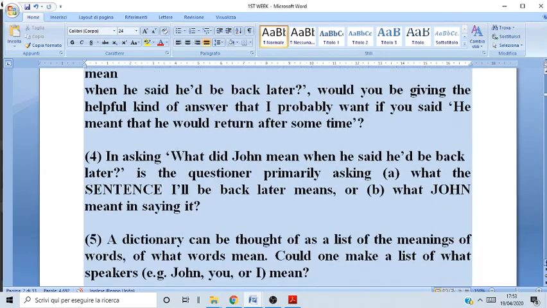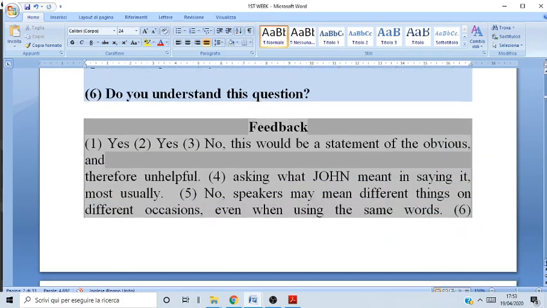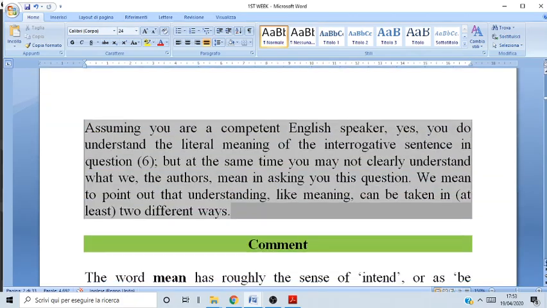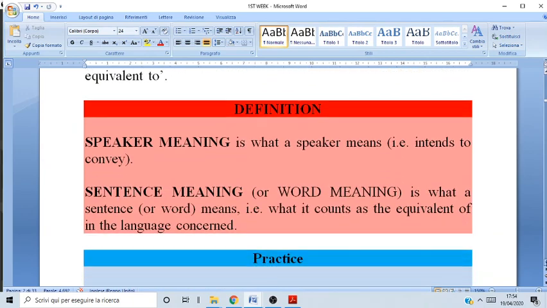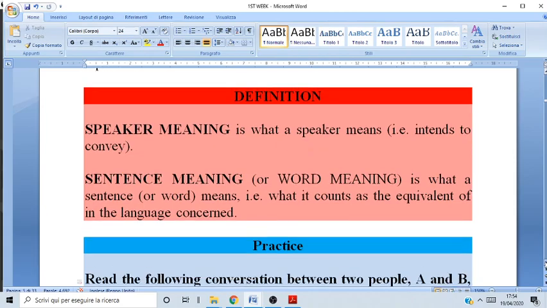One of these is the sentence meaning, or the word meaning, that is what the words mean per se. And then speaker meaning is what the speaker means with these words, because a word can have a different meaning depending on the meaning that the speaker wants to give to them.